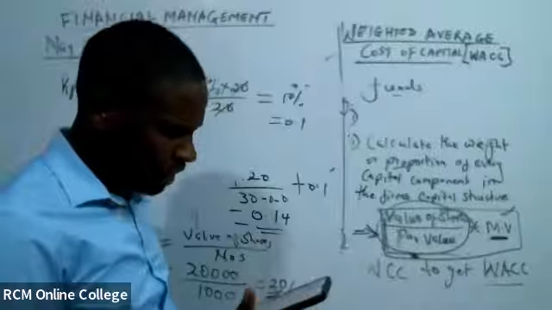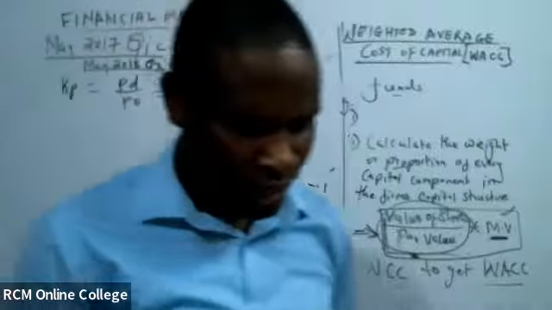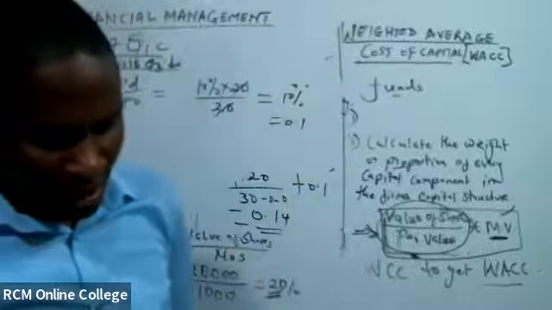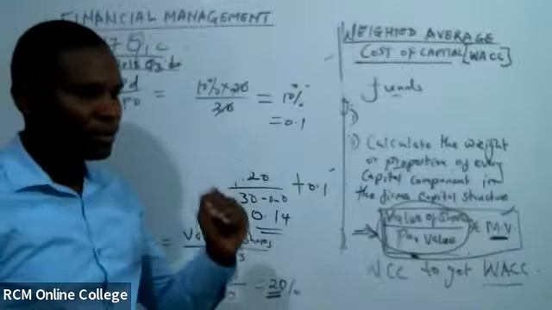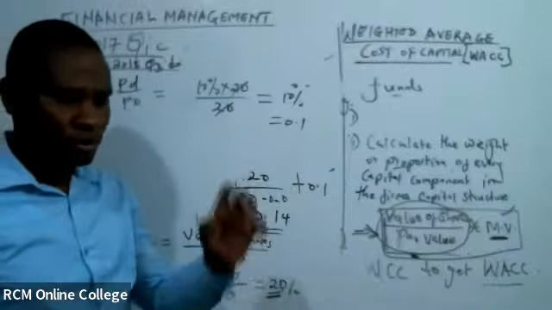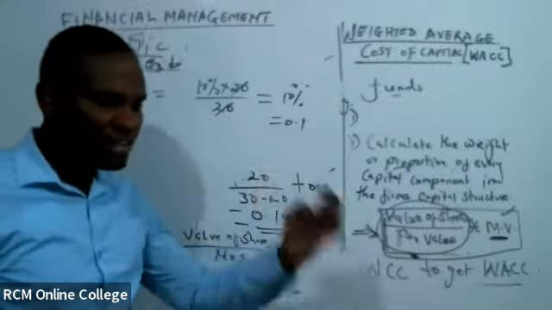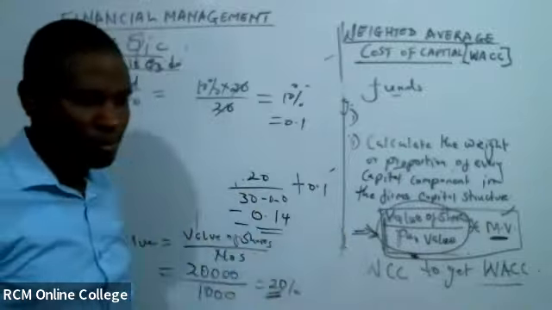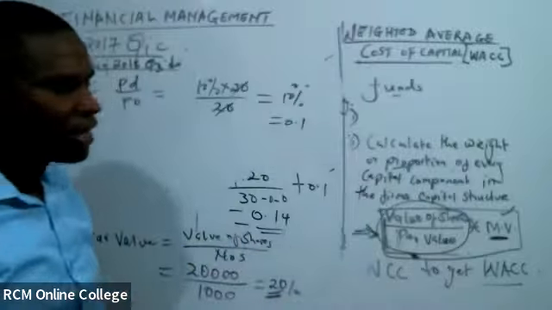So Mel, can you look at additional information number 6. The preference shares were issued 4 years ago and they are still trading at face value. What we said under the valuation topic, say that par value, nominal value, face value is the same. We stand for the same thing.